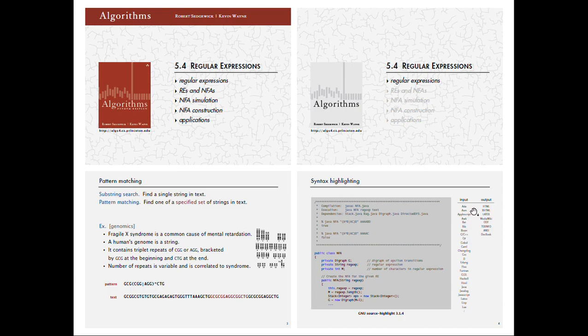The program takes input in languages like C++, Java, JavaScript, and the output will be HTML or other formats for websites. It's actually a program which works with regular expressions.